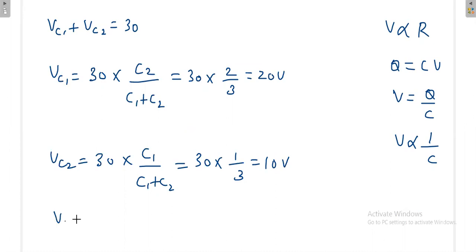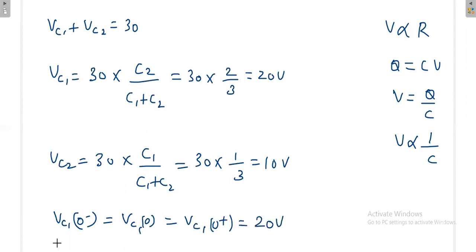VC1(0-) is the same as VC1(0+), that is 20 volt. Similarly, VC2(0-) is the same as VC2(0+), that is 10 volt.